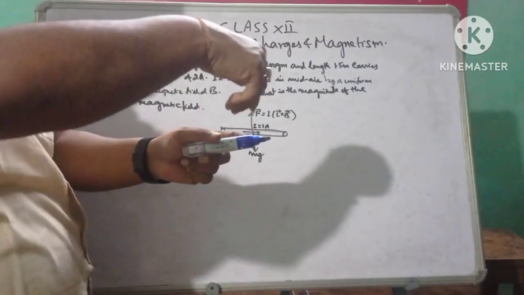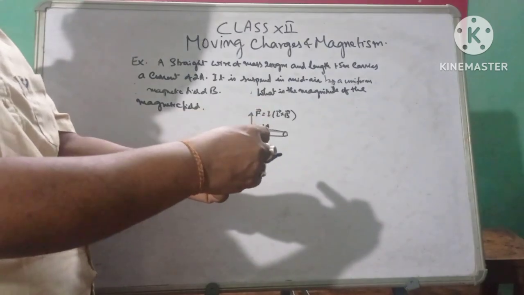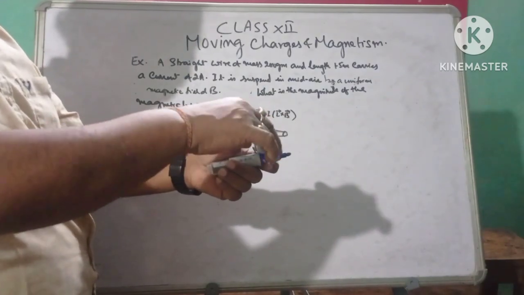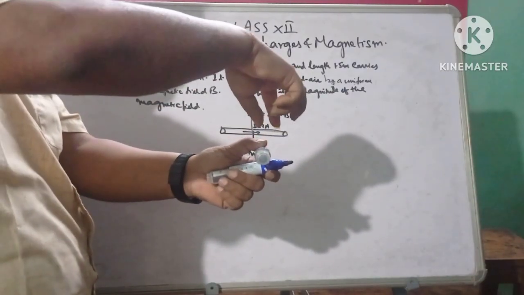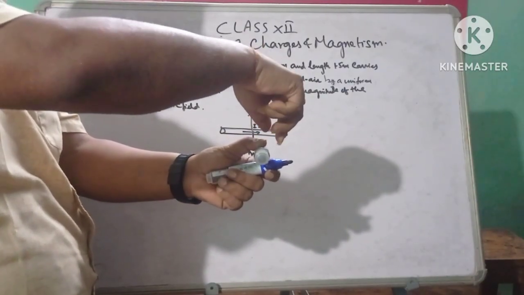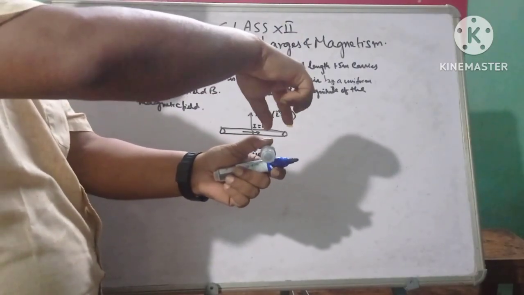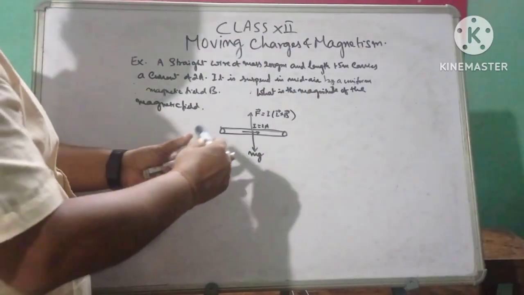This will be very easy. It is in the horizontal plane, L to B. L cross B means you are opening the screw. L to B, here you see you are opening the screw. That means the force will be in the upward direction.